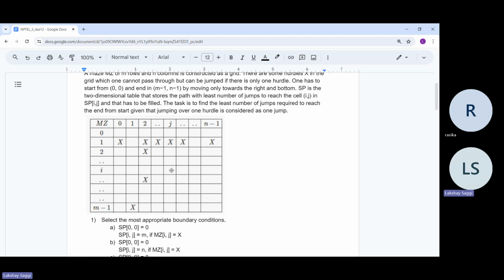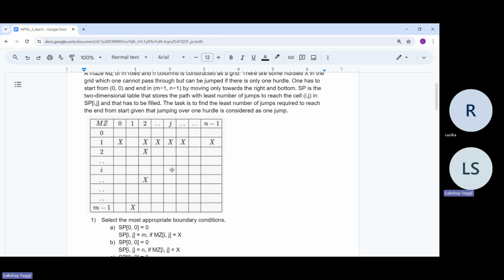And now what the problem actually asks us is to find the minimum number of hops in which we can reach here, right? So suppose I consider the last step to be the one where I come from above. If I'm coming from above, then there are two possible cases. Either the I minus 1 comma jth entry was a cross, then actually I would have hopped directly from I minus 2 to I. So I would have added 1 to this entry of I minus 2 comma j.